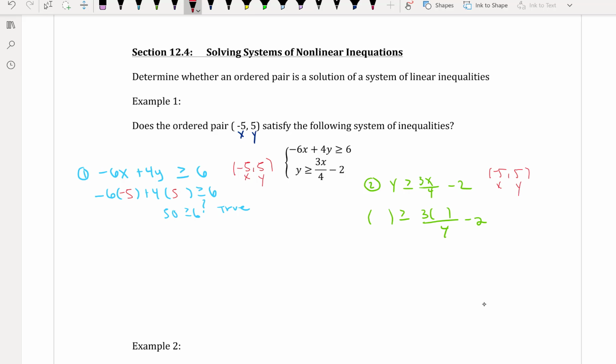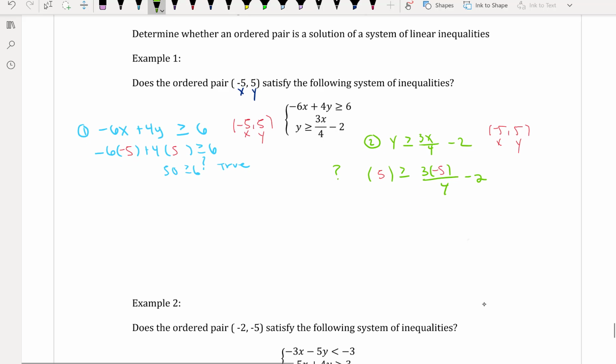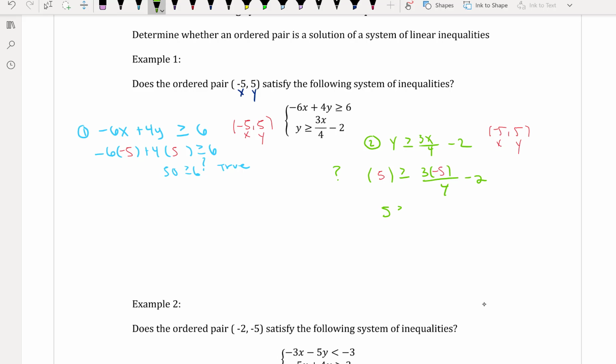The y value that I'm plugging in is 5, and the x value is -5. We do not know if this is true or not. This is what we're trying to figure out. Is 5 going to be greater than or equal to -15 over 4 minus 2?